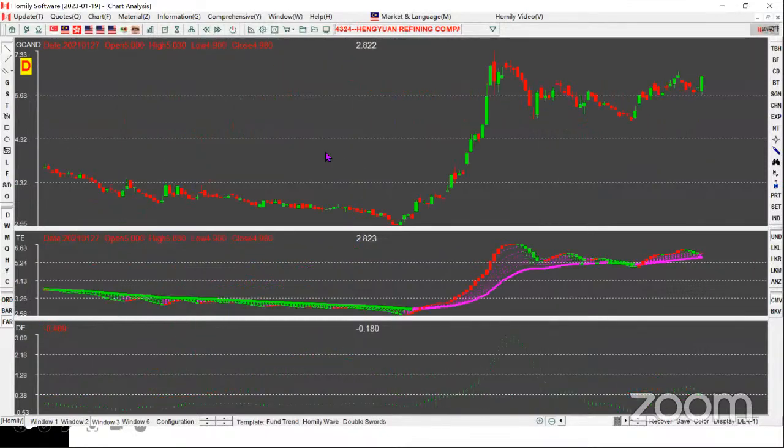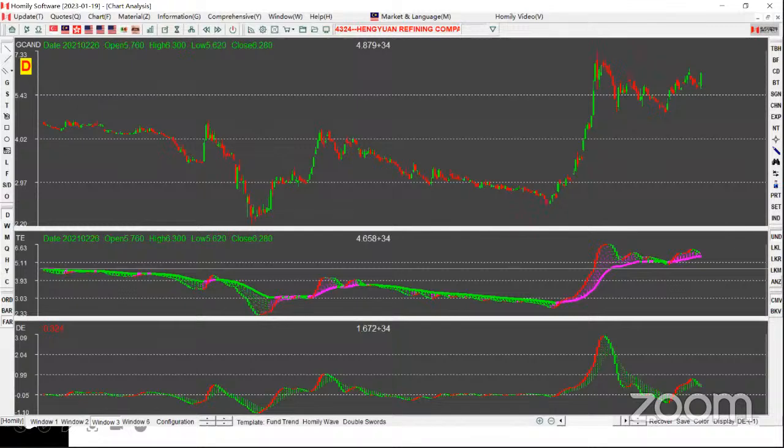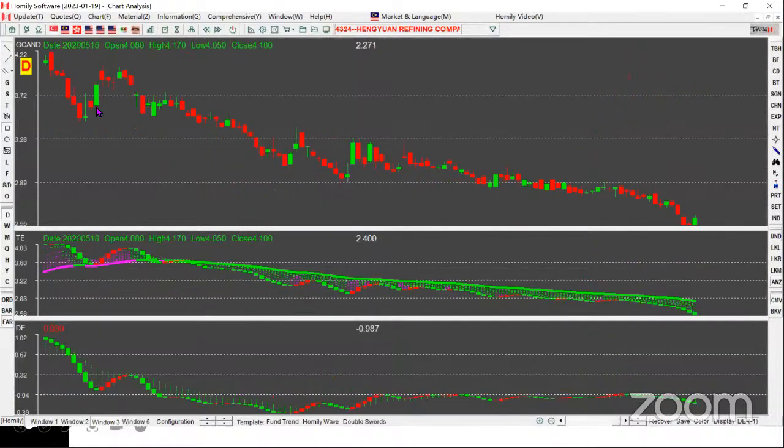Okay, this is a very beautiful downtrend stock. In this type of downtrend, if you compare TE and DE in detail, you will find the first red of DE comes faster than TE. See, TE's first red is 1 day later, here. And it's not only faster by 1 or 2 days, it is also more sustainable.